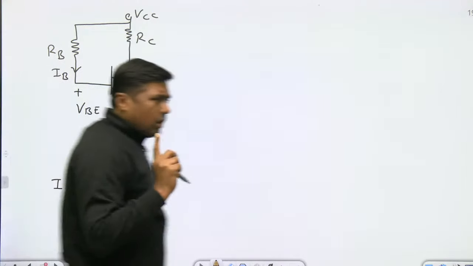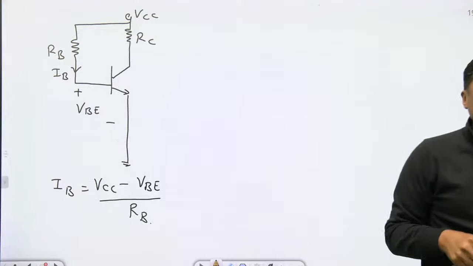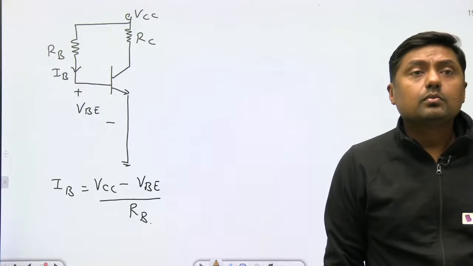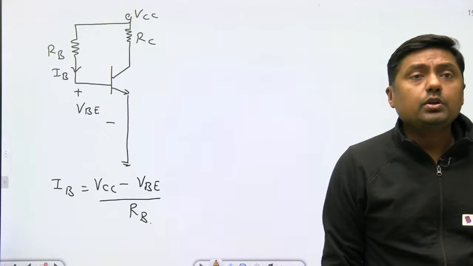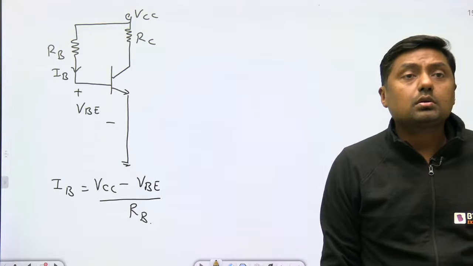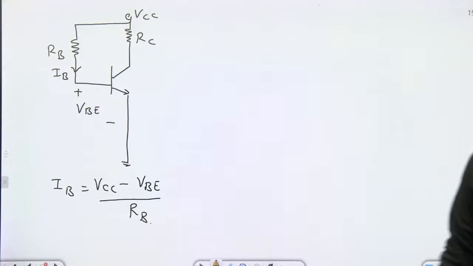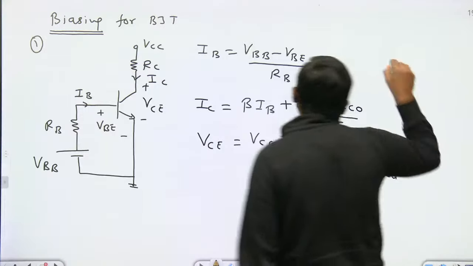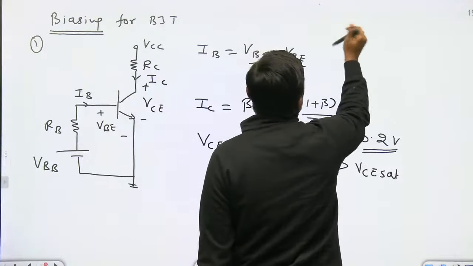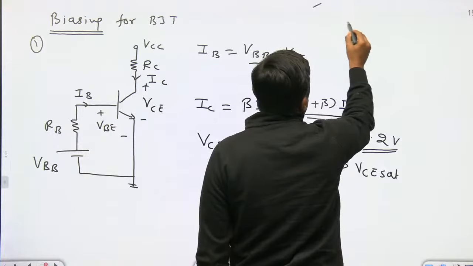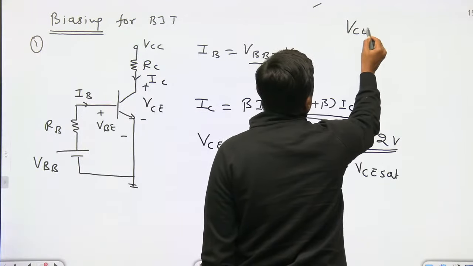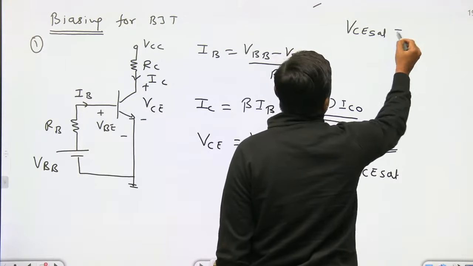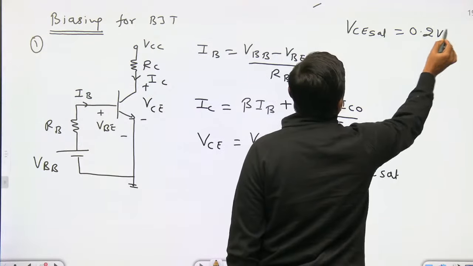So what is the advantage of this circuit over that circuit, everyone? Sir, 0.2, I cannot understand. What is 0.2? Okay, Ashok, 0.2. In a standard textbook, VCE set for silicon is 0.2 volt.